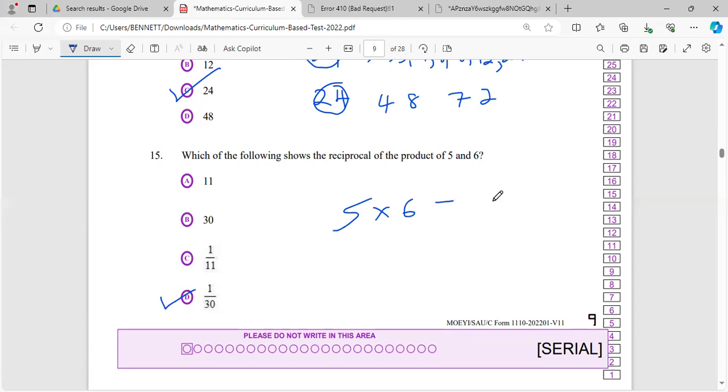But 30 is the same as 30 over 1, and of course, we reciprocate it. So it's 1 over 30. Reciprocate means flip. We had a question like this yesterday or Monday.